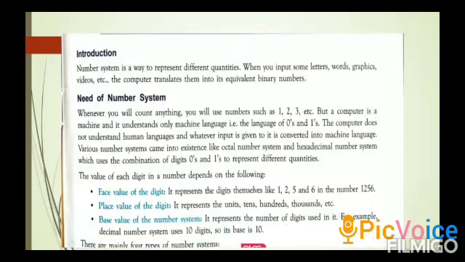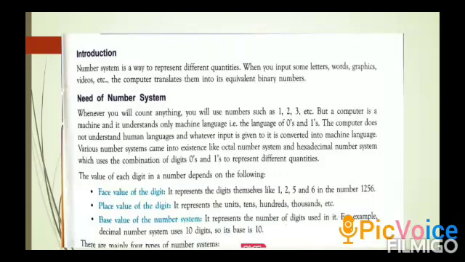Base value of the digit represents the digits themselves, like 1, 2, 5 and 6 in the number 1256. Another example, 3, 2, 1 in the number 321.